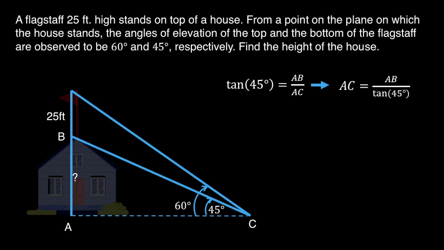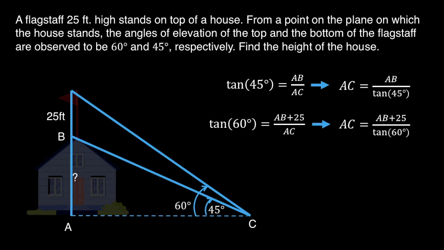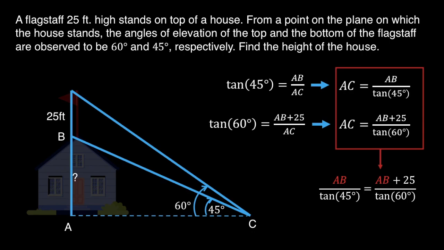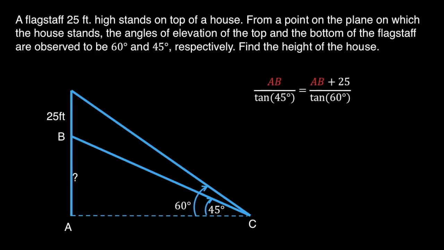Moreover, for the larger right triangle, we have tangent of 60 equals its opposite AB plus 25, divided by its adjacent AC. We also have isolated AC to get AB plus 25 divided by tangent of 60. This means that AB over tangent of 45 is just equal to AB plus 25 over tangent 60, since both of these expressions are equal to the same side, AC. We equate them and we can now solve for AB.